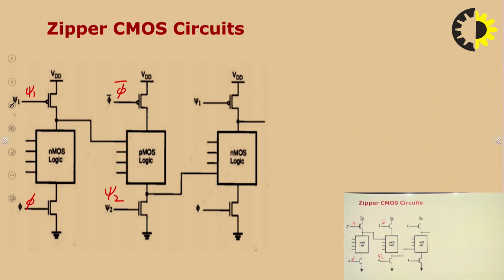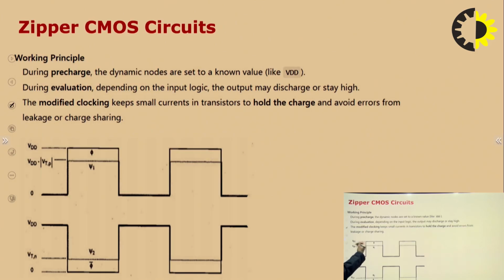Psi 1 and psi 2 are different from phi and phi bar in the sense that during logic 1 and logic 0, their values are not equal to VDD and ground. During logic 1, psi 1 is equal to VDD minus VTP, and during logic 0, it is not equal to 0 volt, it is equal to VTN, the threshold voltage.